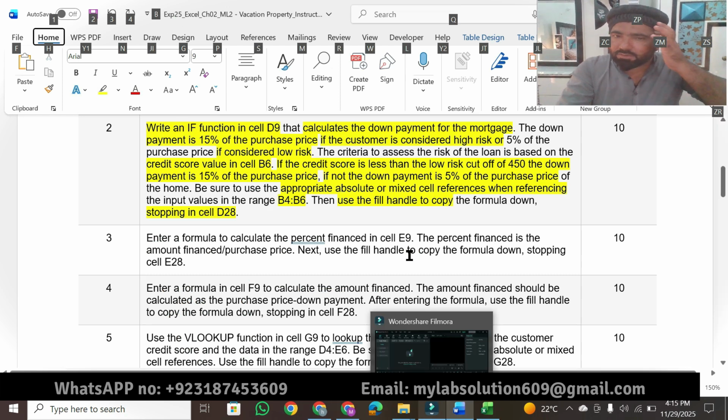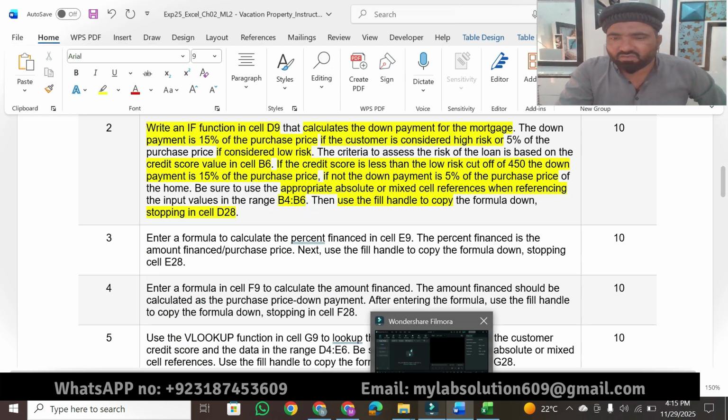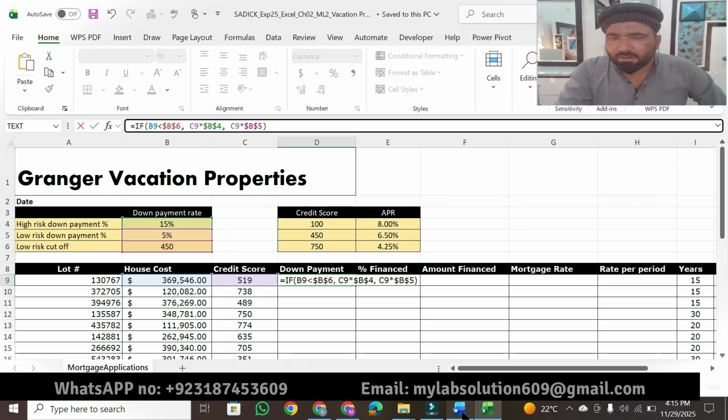Okay, so after reading the instruction we get an idea and just make a formula here: if the credit score, C9, is less than B6, meaning the low risk cutoff, then C9, the purchase price, multiplied by B5, meaning the low risk payment.